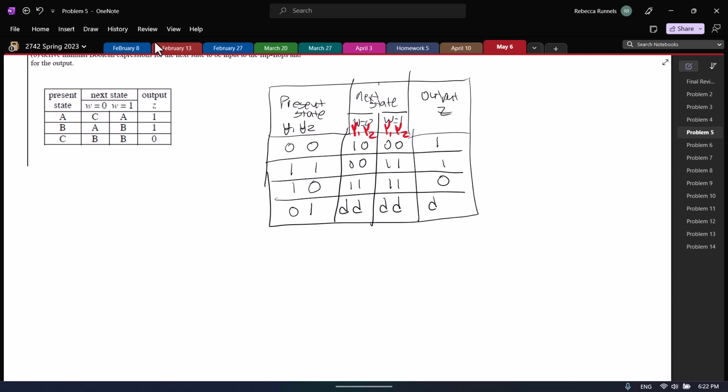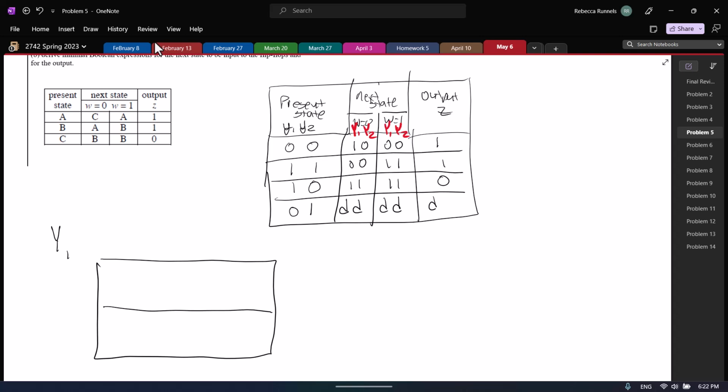we want to come up with simplified Boolean expressions. So we'll use K-maps for this. So I'll start by coming up with my K-map for y1. And y1 depends on the present state, which is lowercase y1, y2, and input w.